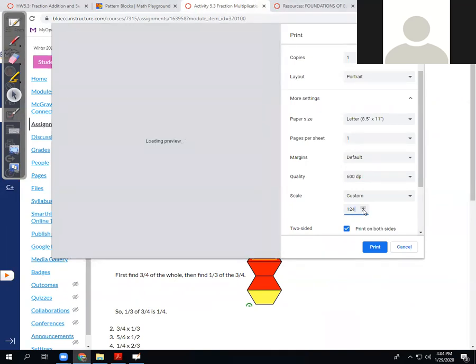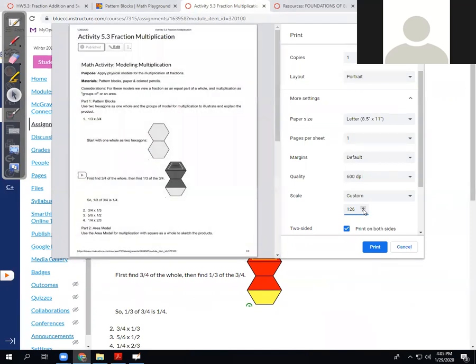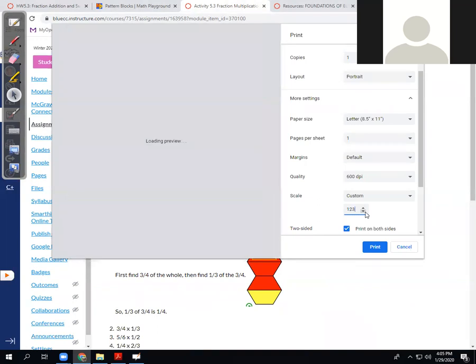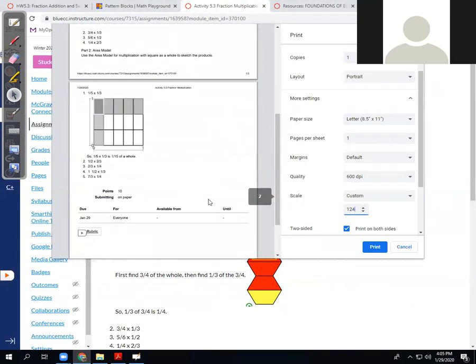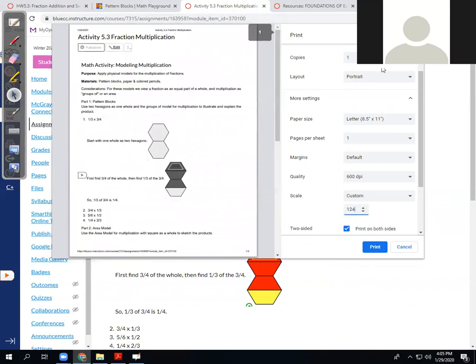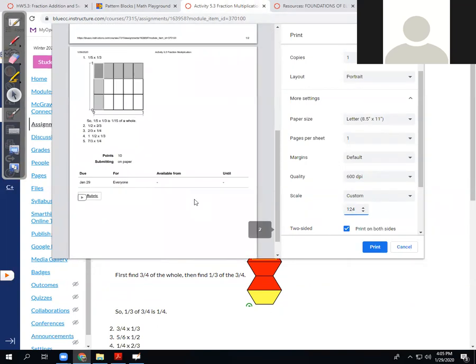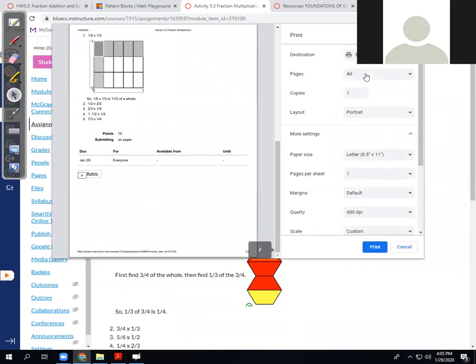Why won't you blow up? Kidding me. So bizarre. Okay, it's not going to print quite right. Oh, I don't know why. We're just going to have to go for it. Pages 1 and 2. And we will print 10 copies.